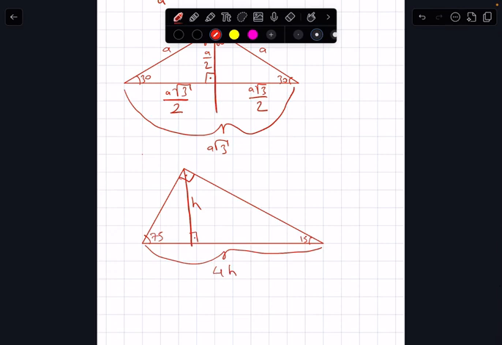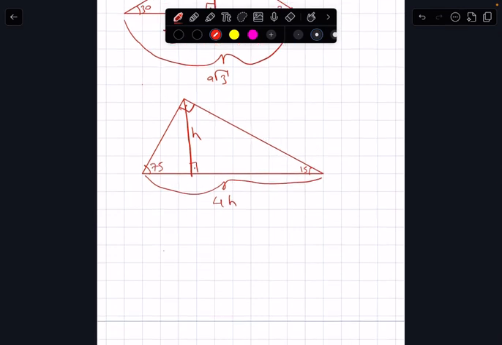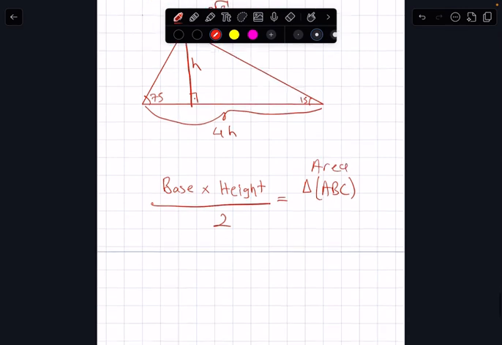And now, do we know how to find the area? In area, in triangles, base length times the height over 2. This is the area of, let's say, ABC triangle. And how can we find it? Let me give you an example.